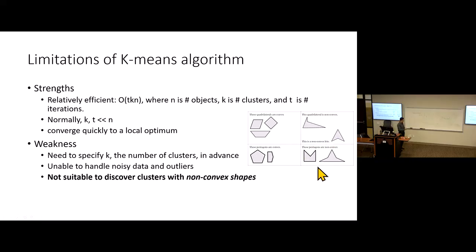If you have data points in a half-moon shape, or this shape, k-means will definitely give you one cluster here and another cluster here. So the distribution of data points will create some difficulty for the k-means algorithm.